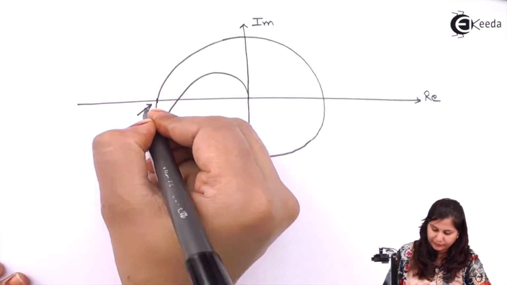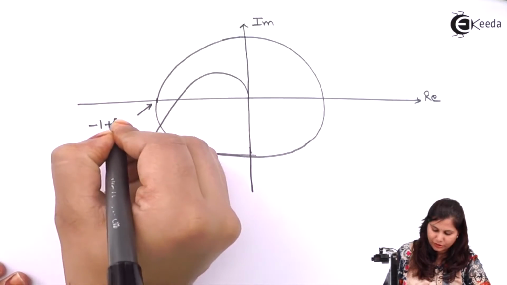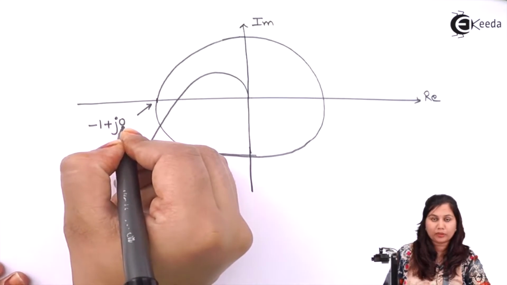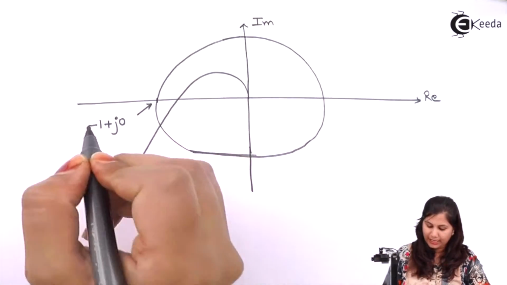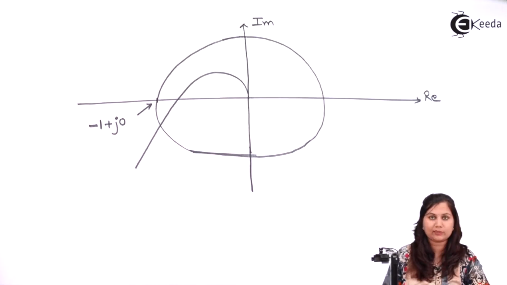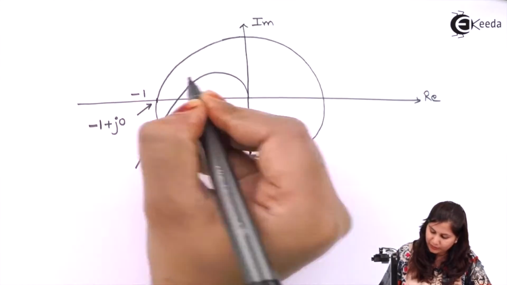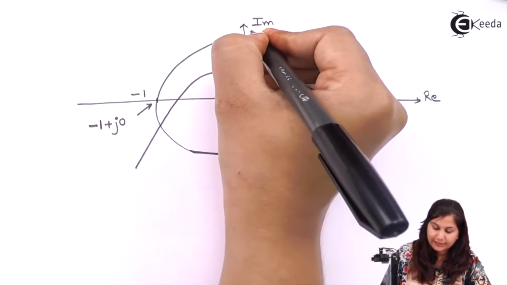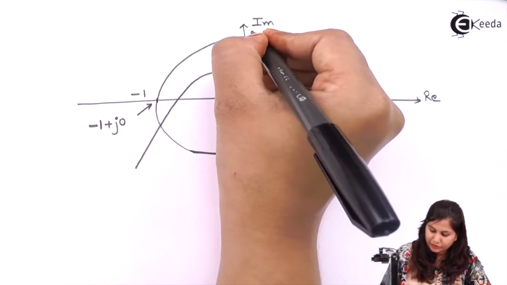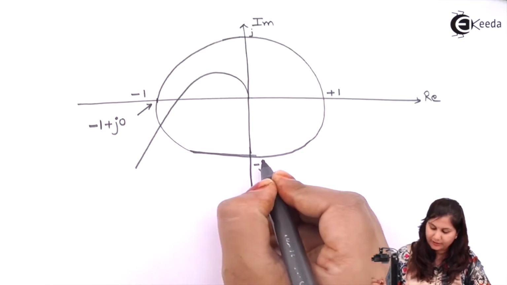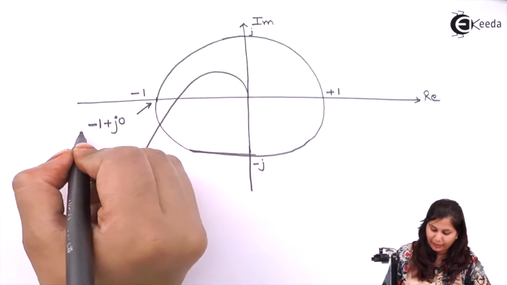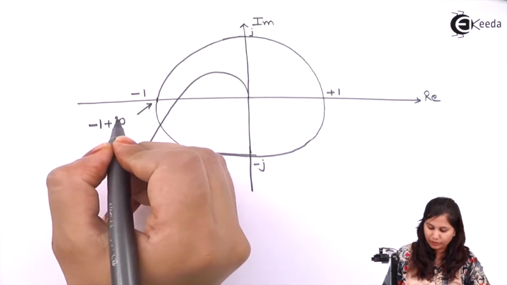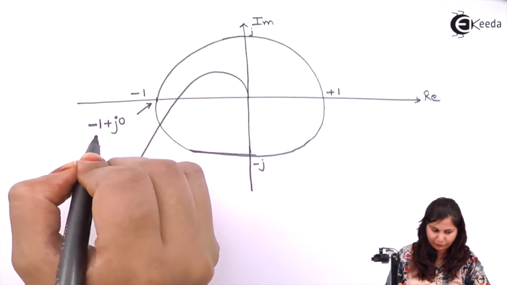So this point will be minus 1 plus j0, because it is lying on the real axis, so the imaginary part will be 0 and only the magnitude minus 1 will be there. This is minus 1, this is plus 1. This is the imaginary part, so it will be j and this is minus j. The real part will be 0 here. So this point will be minus 1 plus j0 in complex form.